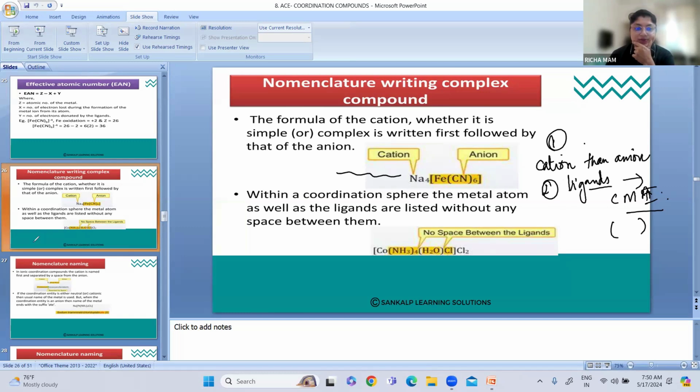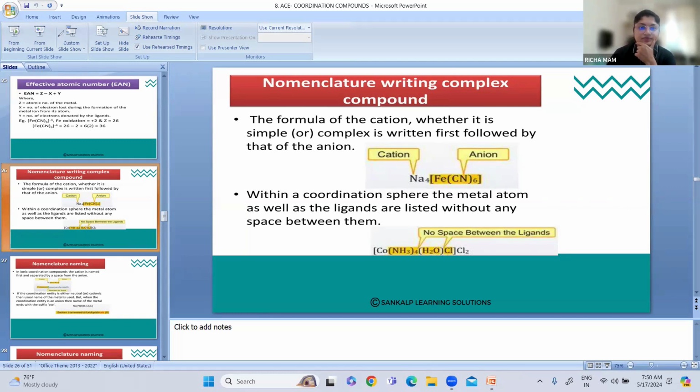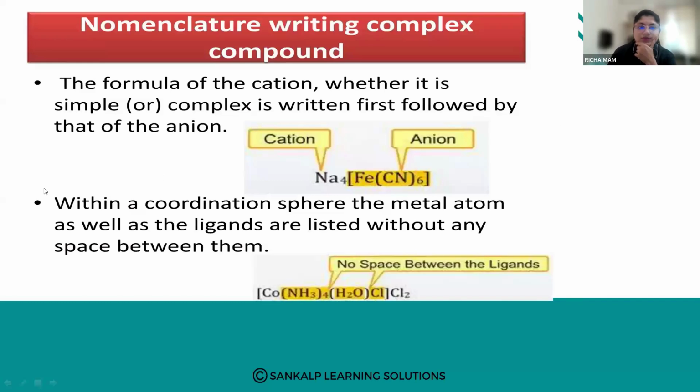Suppose Fe(CN)6 3 minus. How many CN are there? Six, so hexa, cyanido, ferrate, and then what will be the charge?